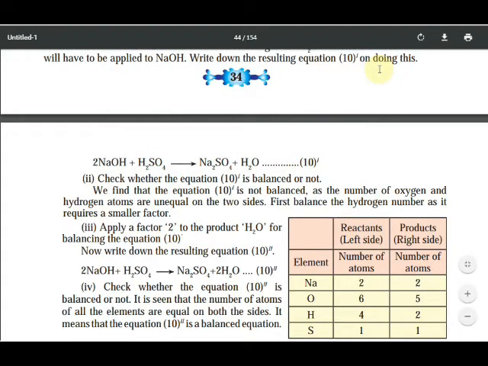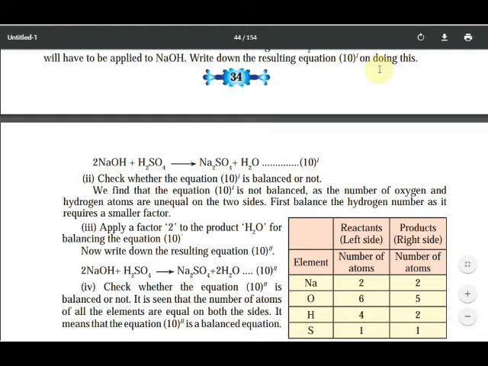So you will add 2 in front of H2O. Now what happened? 2NaOH plus H2SO4 gives out Na2SO4 plus 2H2O.